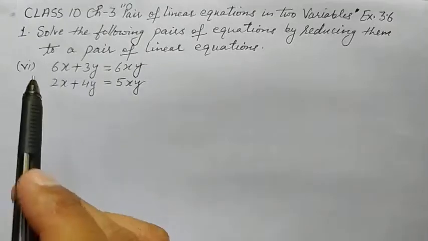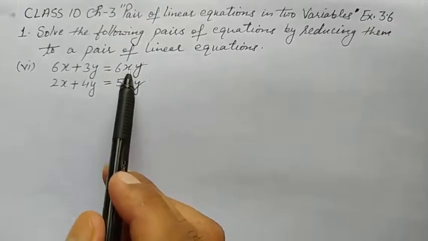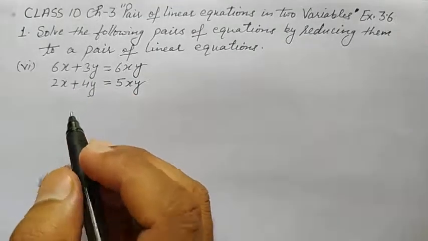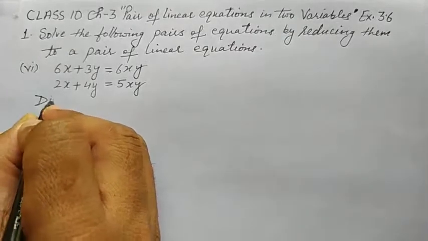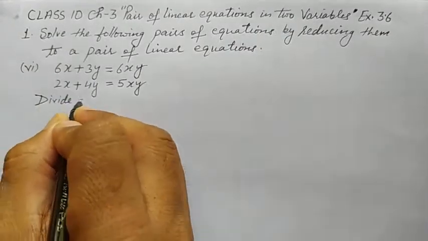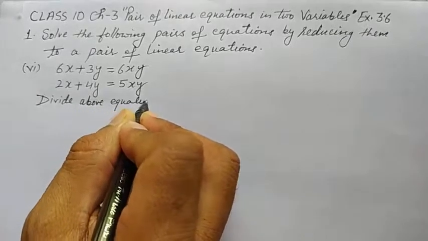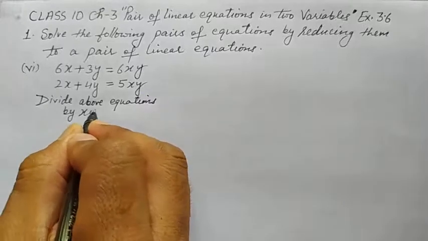So what we do here is, if I divide the full equations 1 and 2 by xy, we will start the solution this way. We'll divide these two equations by xy. So we'll write here, divide above equations by xy.